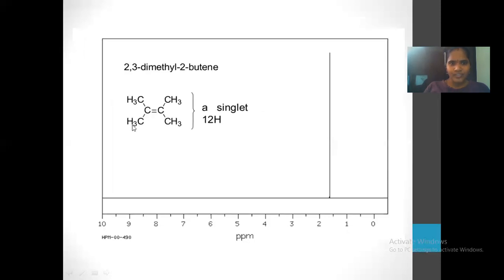If you consider 2,3-dimethyl-2-butene as an example, there are 12 protons again, and all 12 protons have the same environment. This is connected with the C double bond, this is also connected with the same type of environment. So we will get again one single peak.